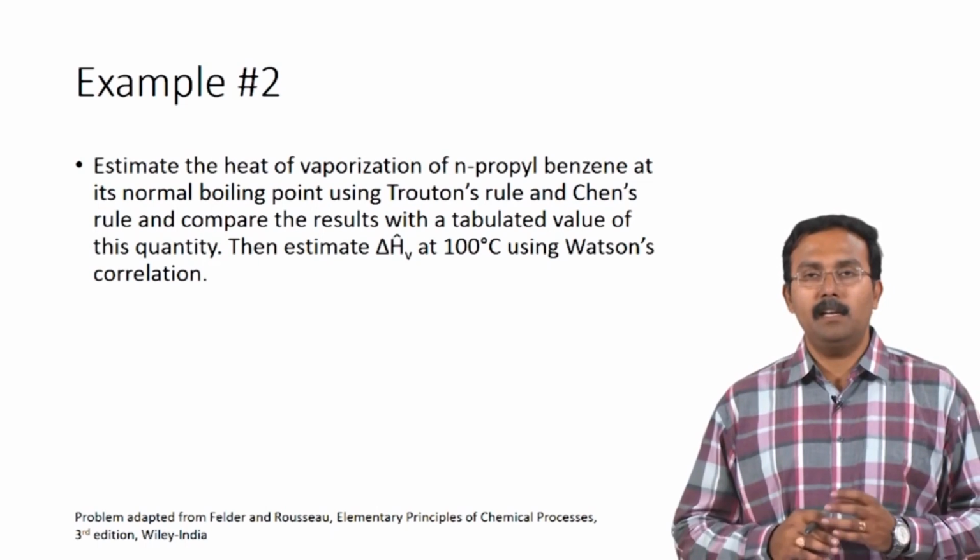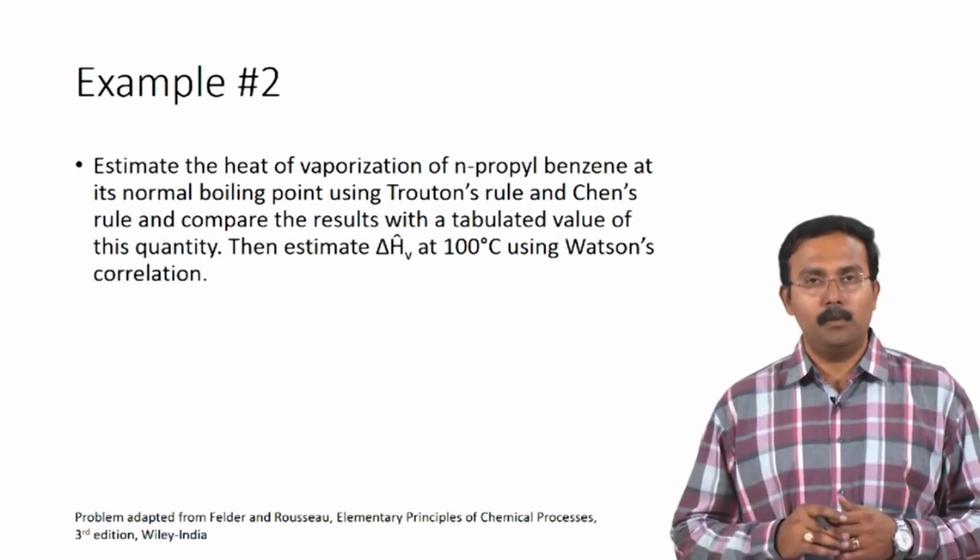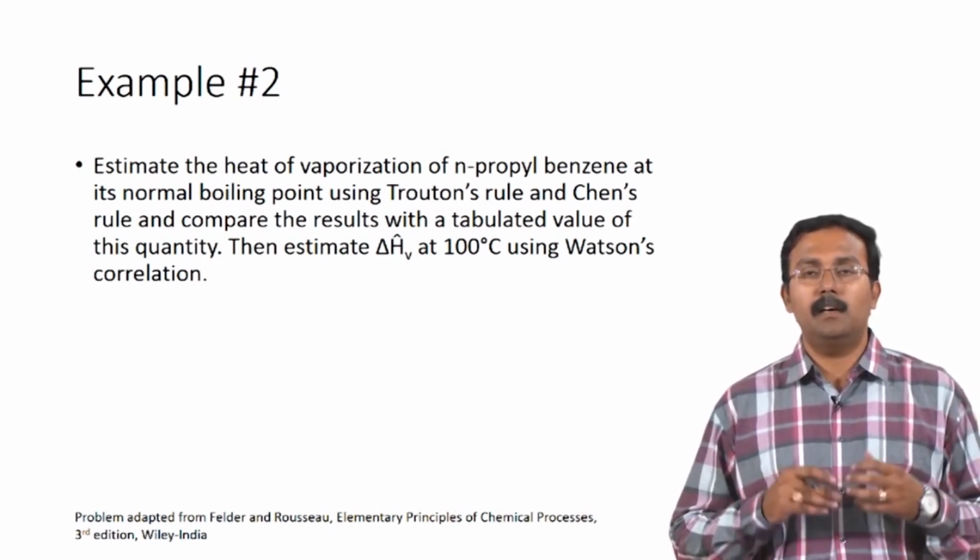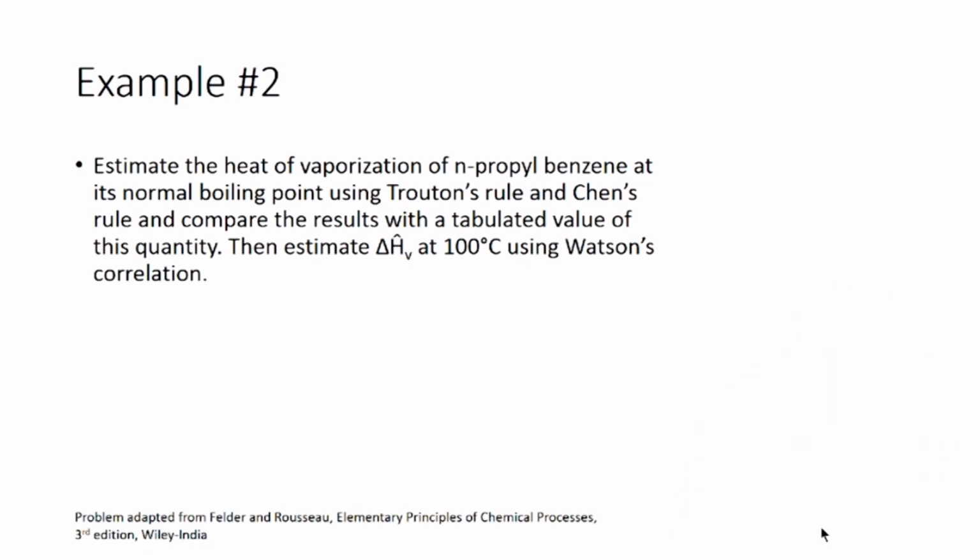The tabulated value for heat of vaporization should also be looked at, so that we can see how large the errors are for these equations. Looking up the table, the standard heat of vaporization for N-propyl benzene is 38.24 kilojoules per mole. Trouton's rule can be used here, so it would be 0.088 times boiling point.